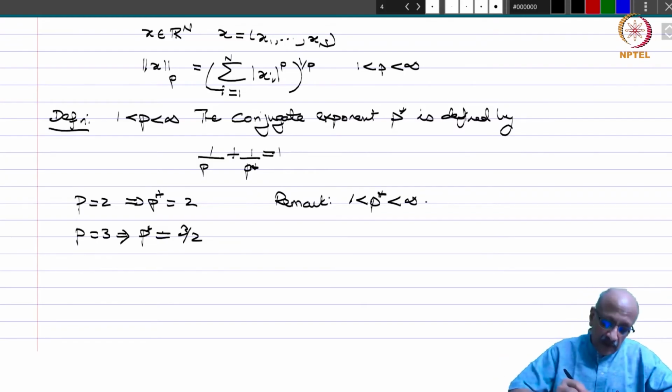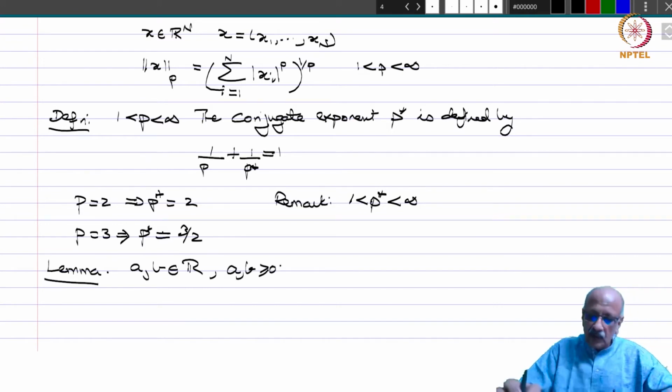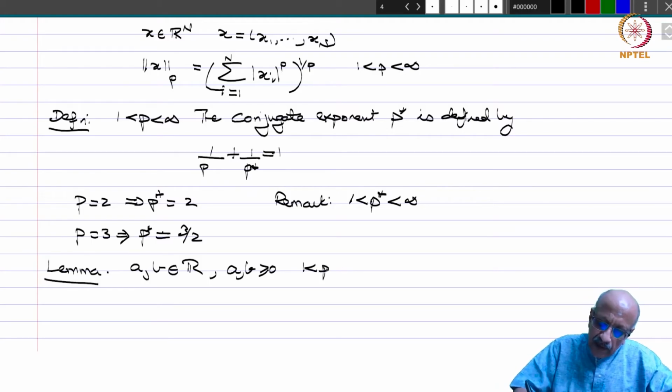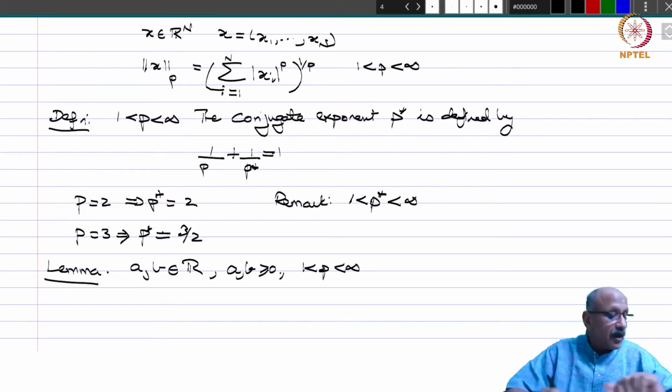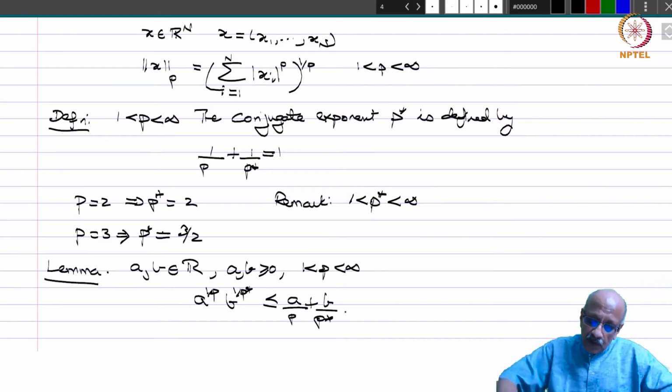So now we have the following lemma. Let a, b in R, a, b greater than or equal to 0, 1 < p < infinity. Then a^(1/p) b^(1/p star) is less than or equal to a/p + b/p star.